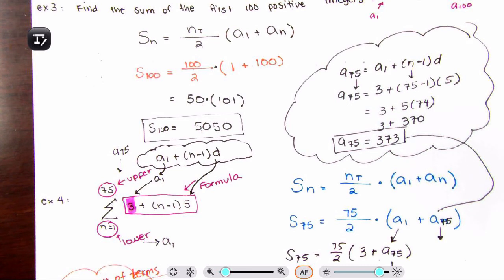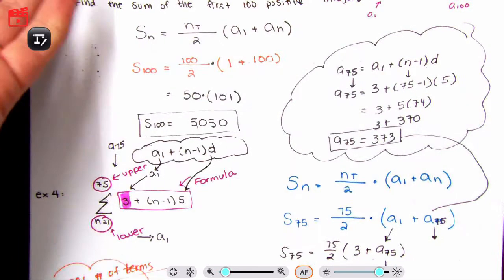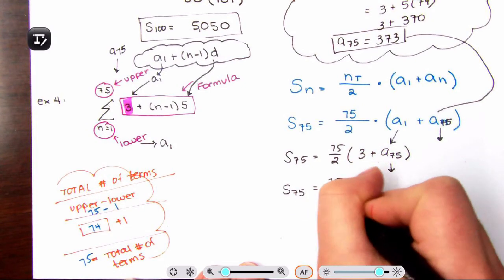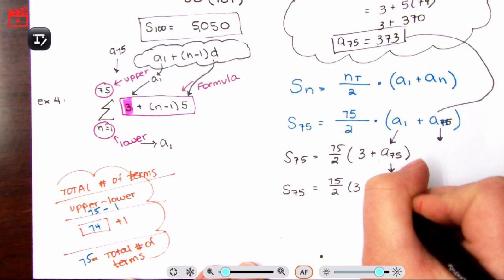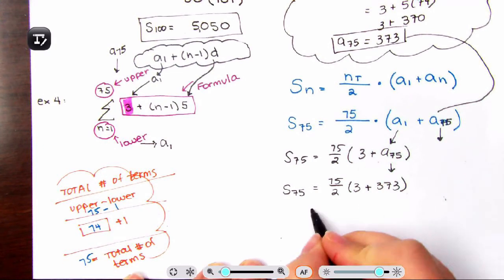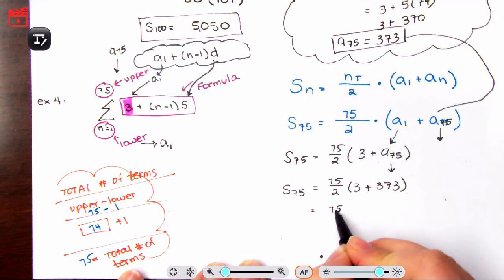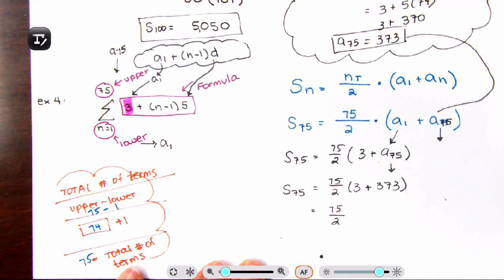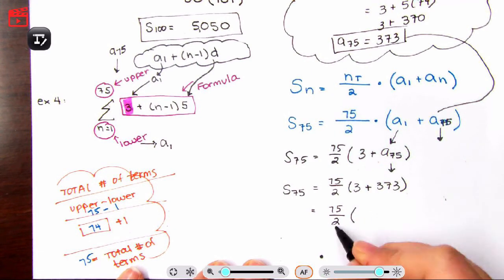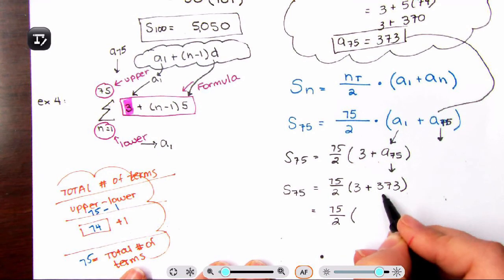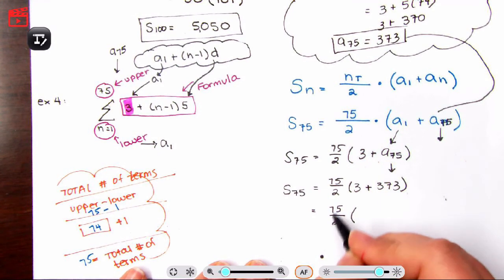So when I add up 75 numbers together, what was it, 373? This is my formula for that. My recommendation is do not divide if you have a weird looking fraction like this. 75 divided by 2 does not give you anything pretty. Wait and divide diagonally, because this most likely will be an even number, and if it isn't, this will work out.